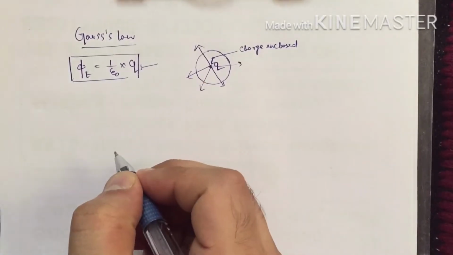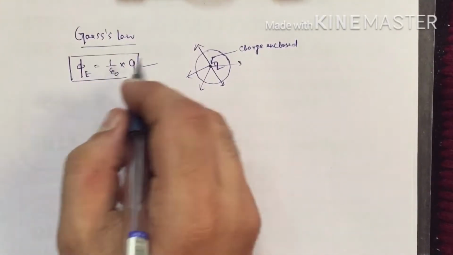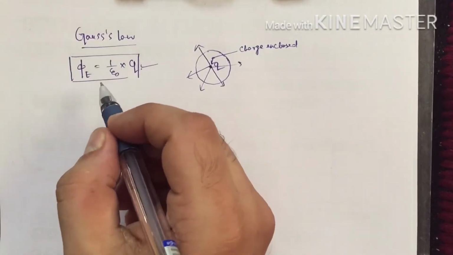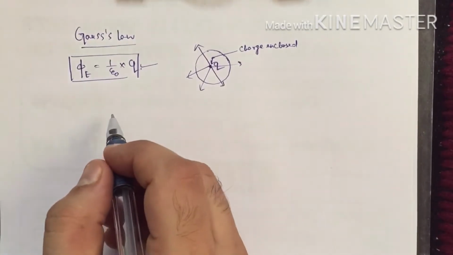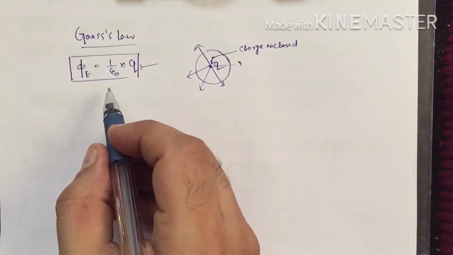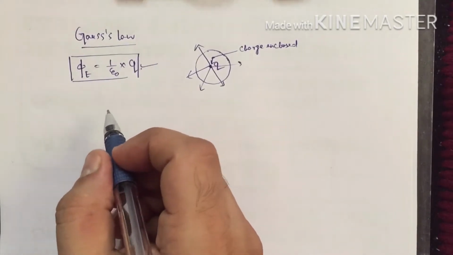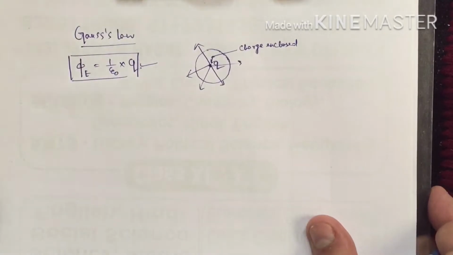This was the statement of Gauss law. I've also proved the Gauss law, so you can check my video for how to prove the Gauss law. Now using this Gauss law, we will calculate electric field at any point due to some charge distribution.